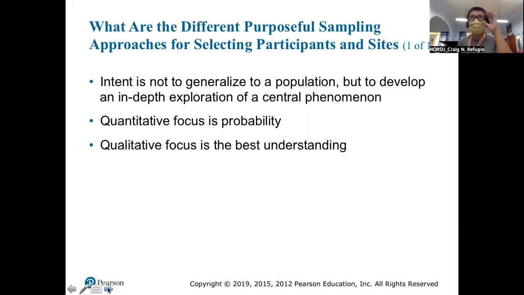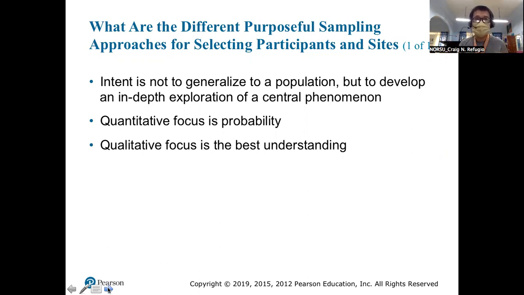I made mention already of the difference between quantitative and qualitative research. The main purpose of quantitative is to explain phenomena. And in terms of the qualitative, it's not about explanation, it's not about generalization, but it is all about an in-depth exploration of a central phenomenon.